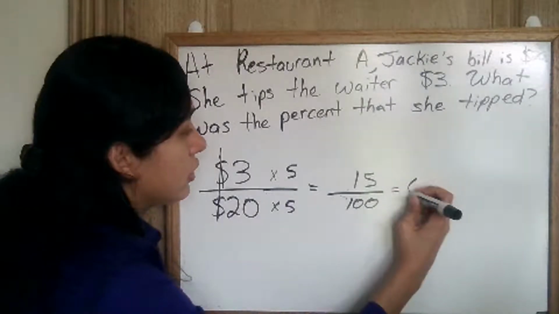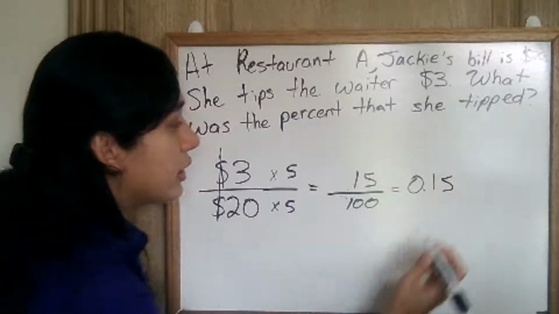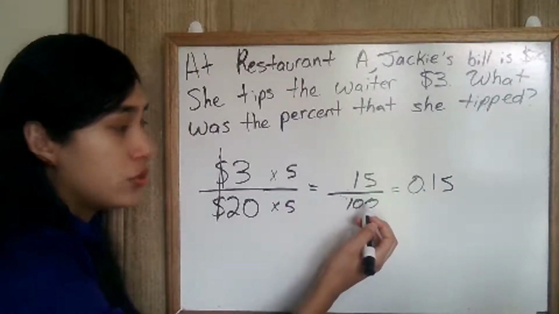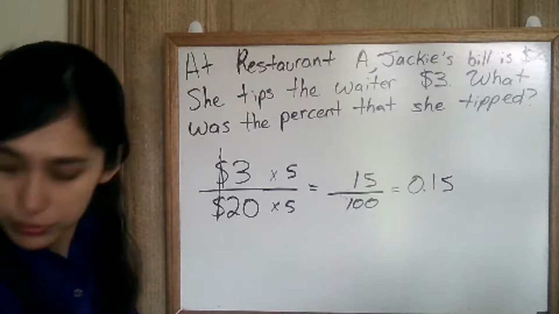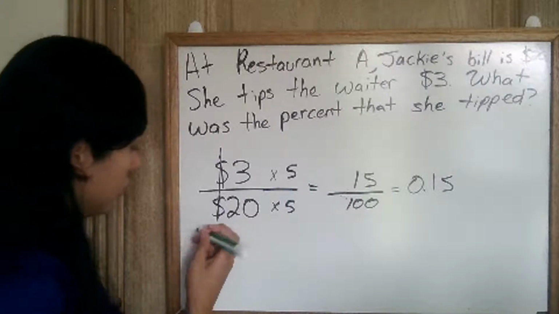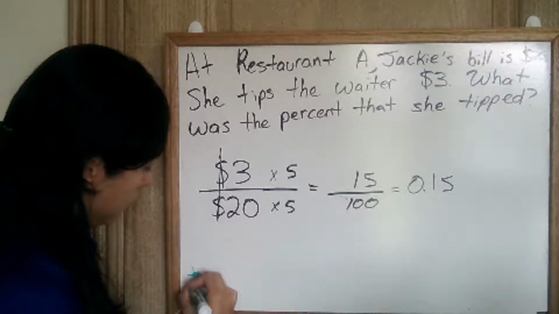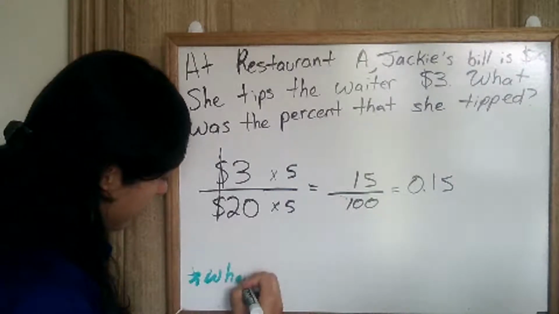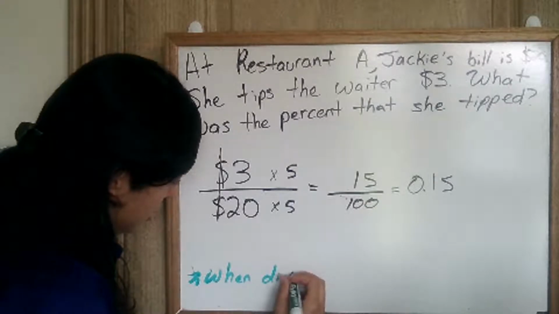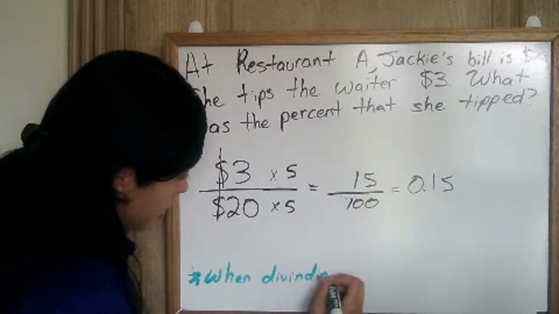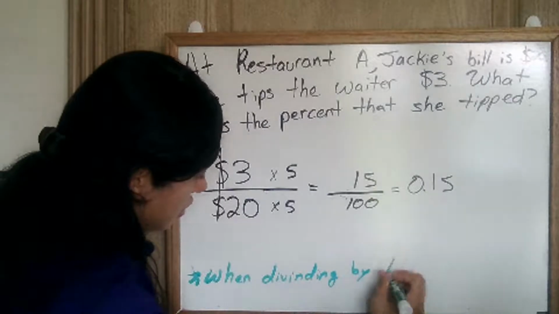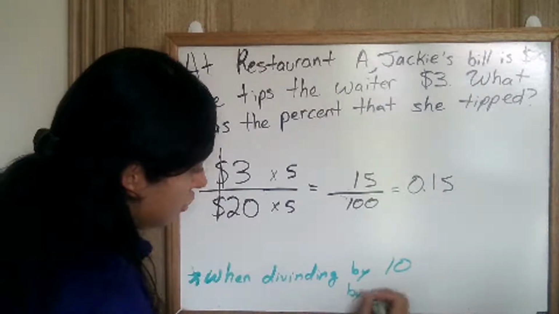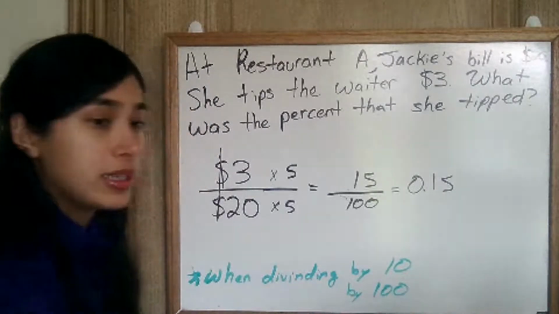We know that this as a decimal is 0.15, because when you divide anything by 100, here's a little tip too. Here are two different instances. Let's say we're dividing by 10.